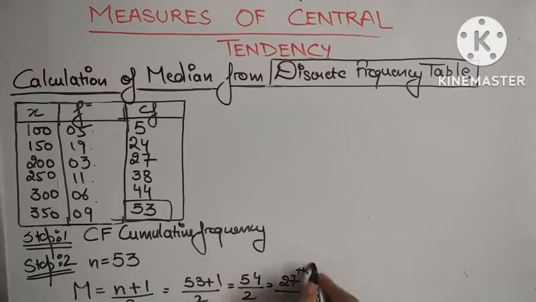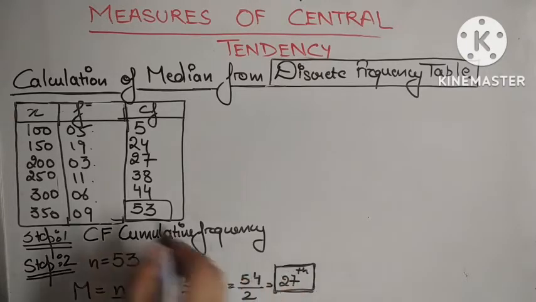It means that the x value in front of the 27th cumulative frequency is your median value.